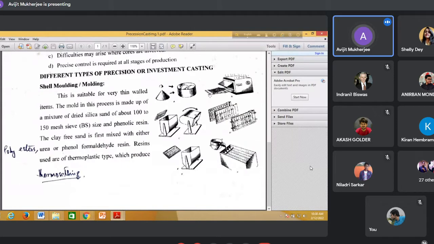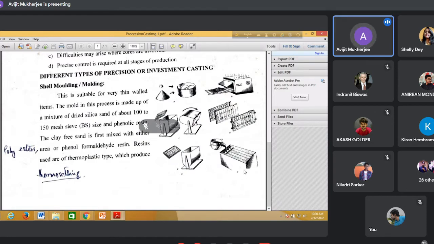So use a metallic pattern, preheat the pattern, then fill this dump box with this mixture of molding material that is mixed with resin and other ingredients. Place this molding material inside the dump box, and this is the open mouth of the dump box.